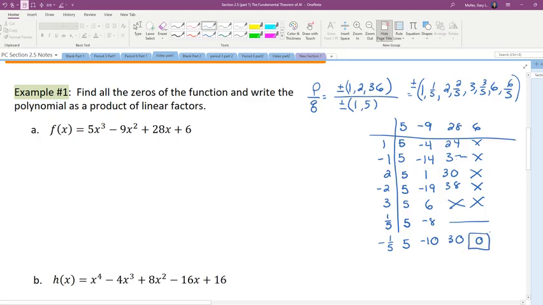So what have I learned? I have learned that one of my zeros is x equals -1/5.